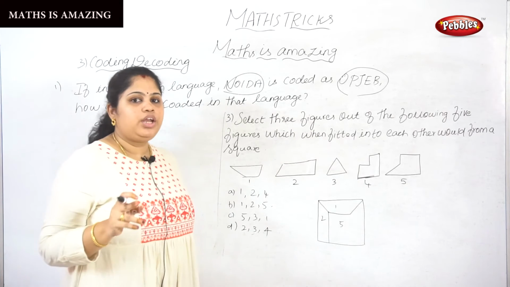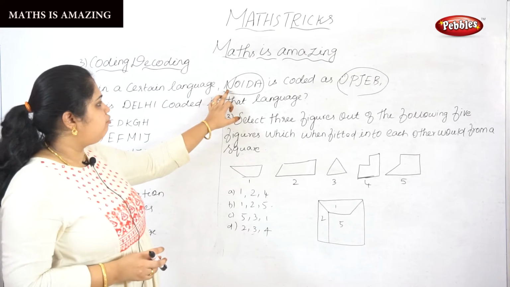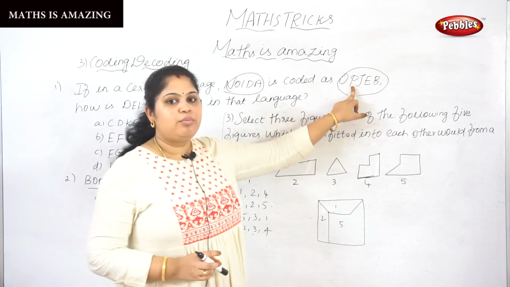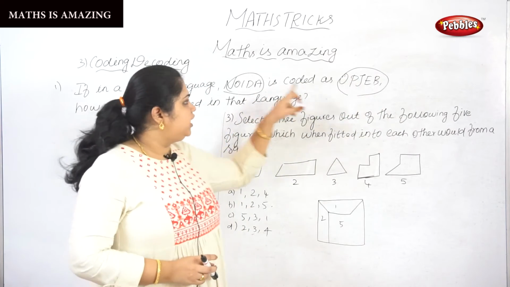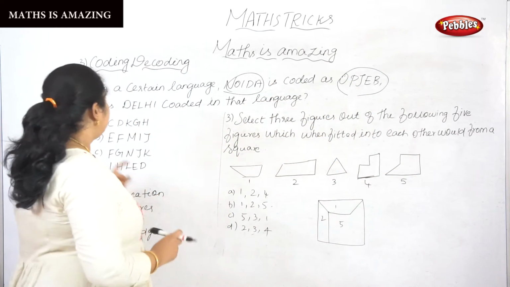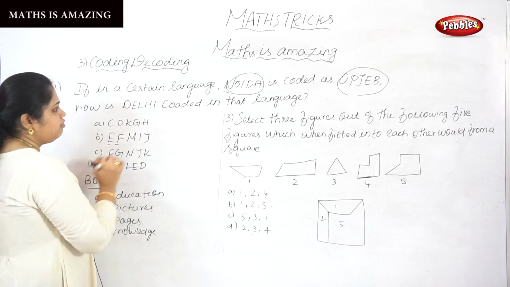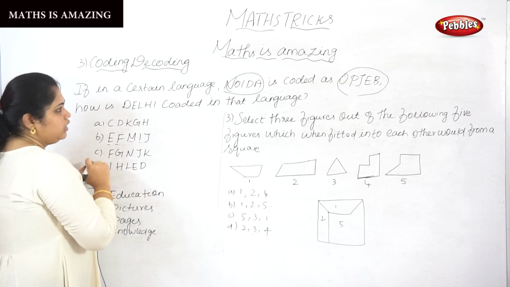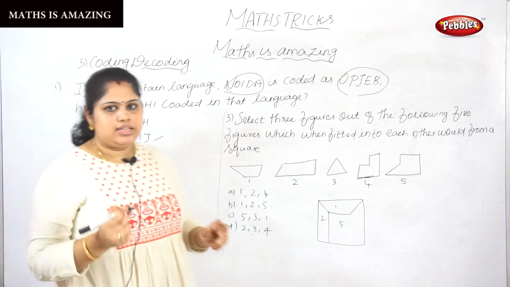So I just find it: after NO, OP; after IJ; after DE; after AB. Then of course for Delhi: after DE, EF; after LM; after HI; after IJ. So option B is the right answer.